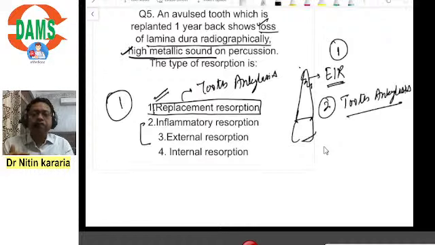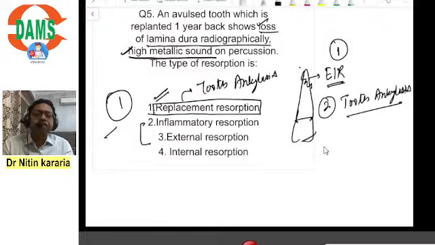Whenever external inflammatory resorption occurs, the PDL would not be disturbed, there would be no loss of lamina dura, and there would be a normal, resonant sound on percussion, but not a metallic sound. The second most common sequela is replacement resorption or fusion of the tooth with the bone, which is called tooth ankylosis. This would result in loss of lamina dura and a high pitched metallic sound. So the answer to this question is 1.